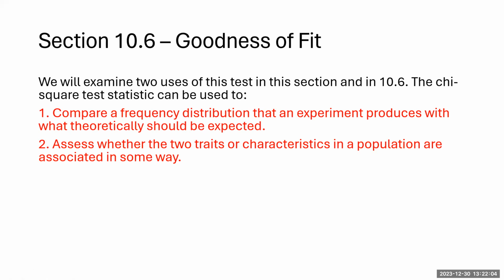And the second is to assess whether two traits or characteristics in a population are associated in some kind of way. Okay, so this idea of characteristics, this comes up with section 10.7 for the test for association. So section 10.6 handles number 1, section 10.7, which is the next video, handles this second case, okay, for the chi-square test that we look at.